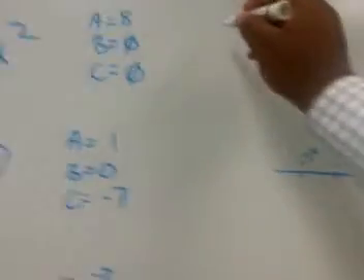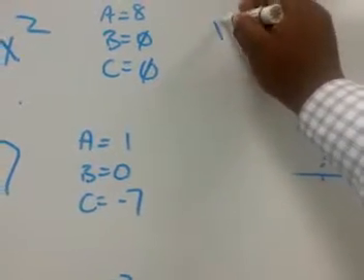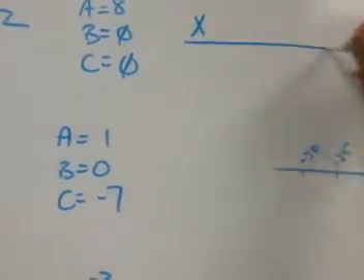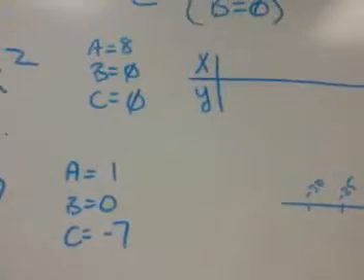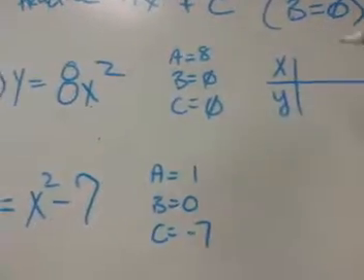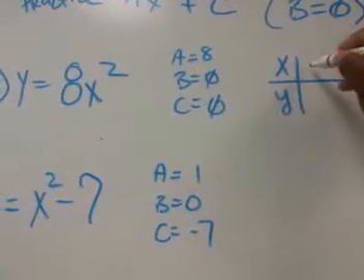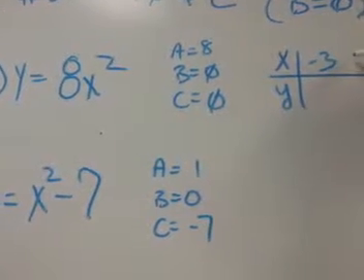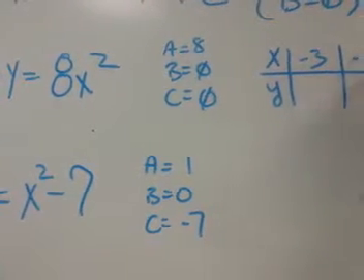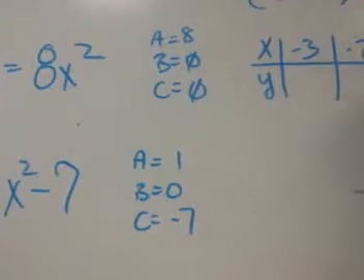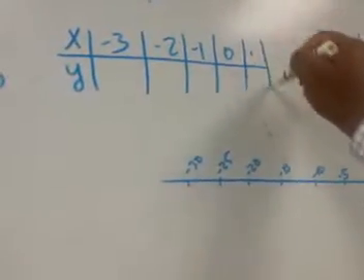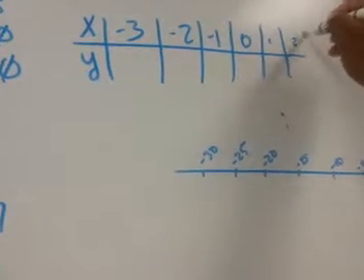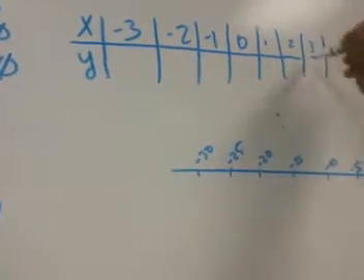And so you can simply write a quick table, and I'll erase this eventually, but x and y, and you can plug in the values. I always start off with -3, -2, -1, 0, 1, 2, 3.